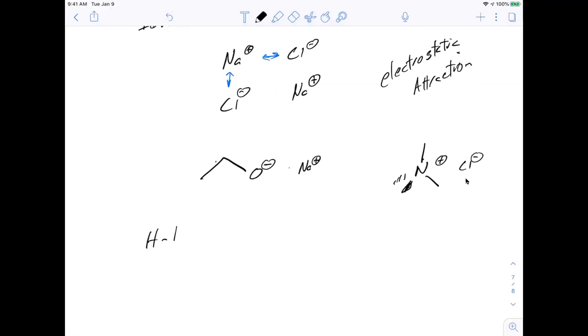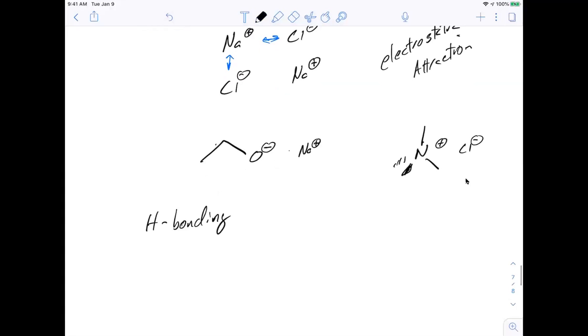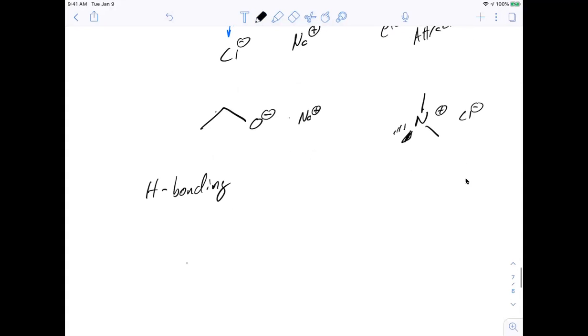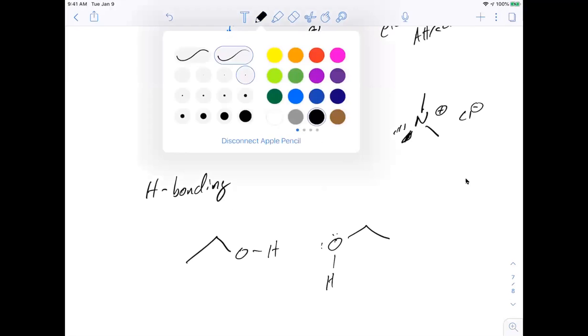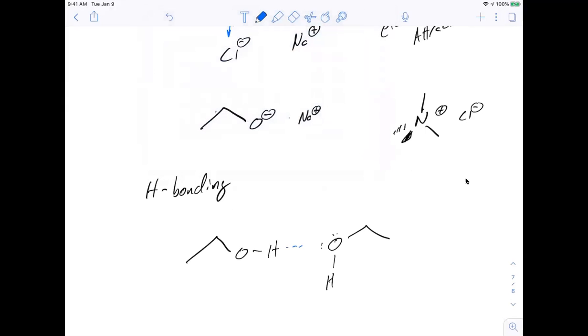The next one down is hydrogen bonding. When you get to hydrogen bonding, it's not a form of intramolecular. So ionic is both intramolecular and intermolecular. But in hydrogen bonding, what we have going on here is an attraction between the lone pairs of a heteroatom, such as oxygen or nitrogen, and a hydrogen atom.